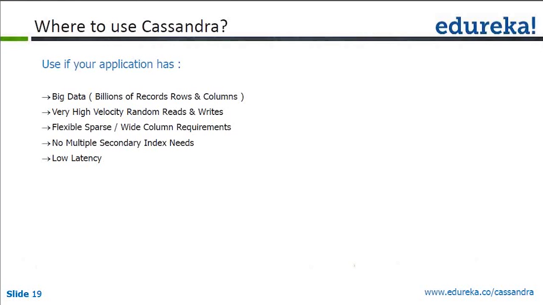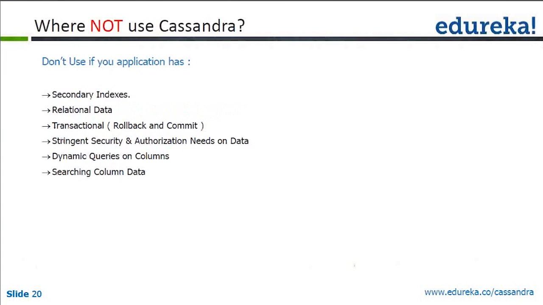Another requirement is no need for multiple secondary indexes. As I mentioned before, to an extent these databases do support indexes, but if you require multiple secondary indexes, this may not be the right fit. And if you need low latency, then you might want to opt for Cassandra.